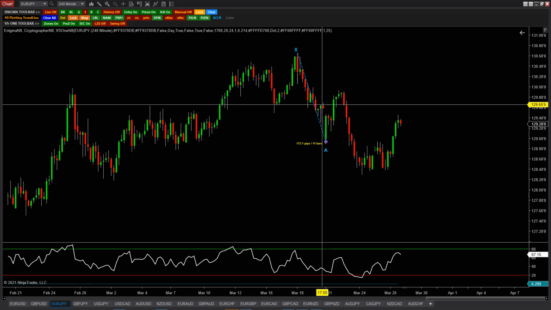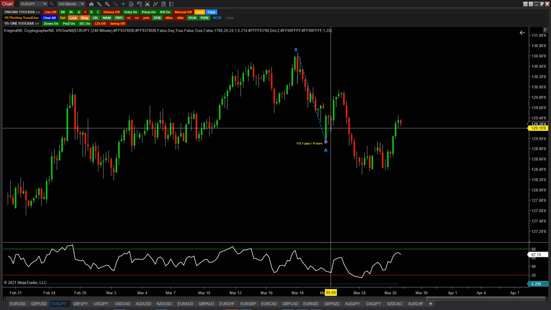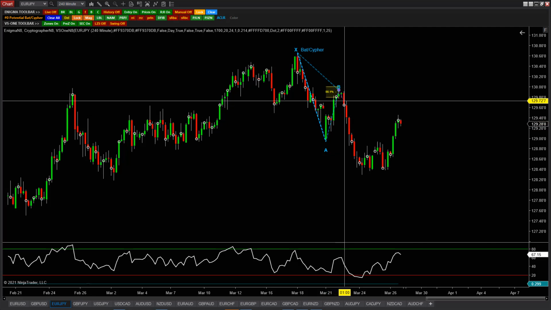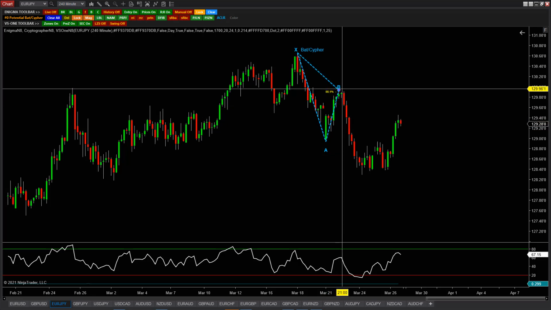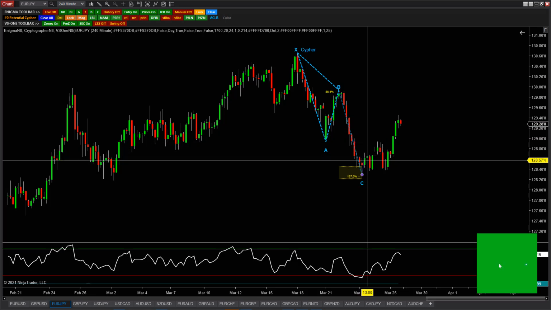The first thing that you need to identify when you're looking at a pattern is this initial swing high to swing low in this case. That's going to be our X to A. The first retracement is going to be our A to B. Now, the Cypher pattern is a little bit different than bats and Gartleys and, I always get sharks and butterflies, I get sharks and crabs confused. But in most of your harmonic patterns we're going to have an extension for that C leg.